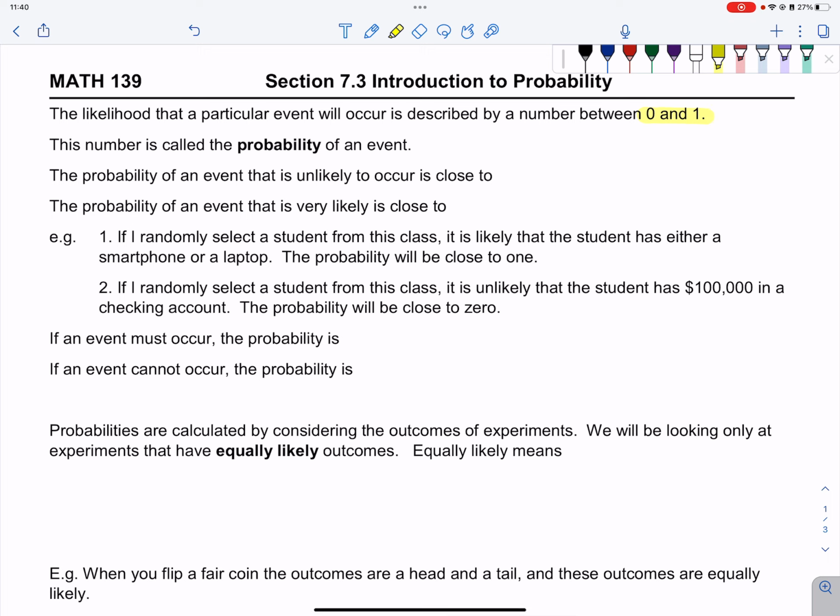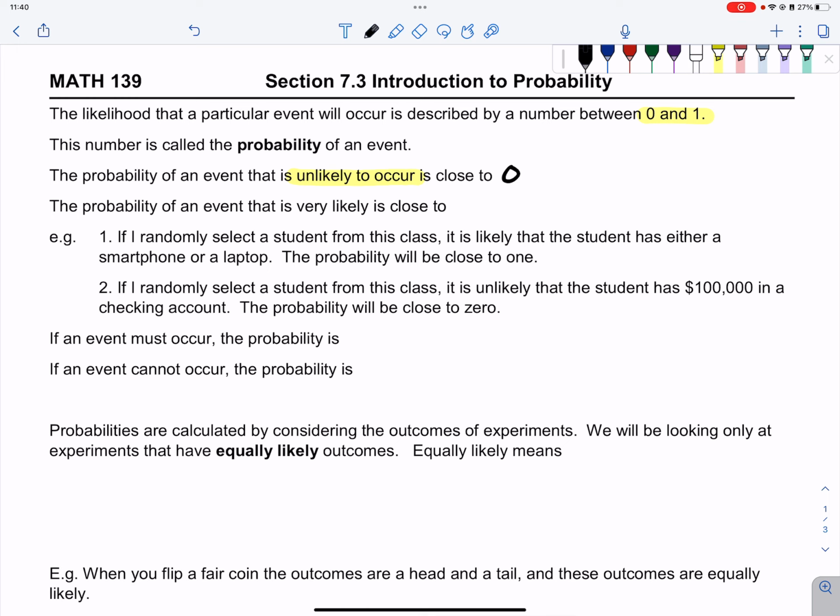So this is our probability of this event, and if something is very unlikely to happen, then the probability of that happening is close to 0. It's going to be a very small number, close to 0, if it's very unlikely to happen.